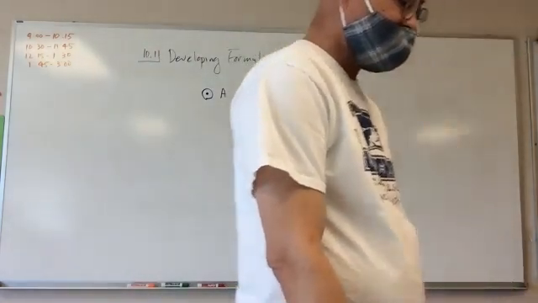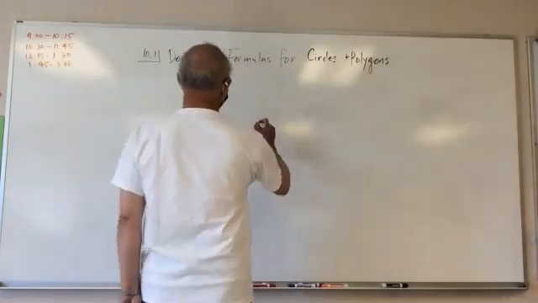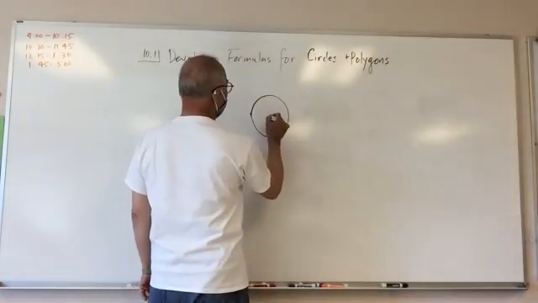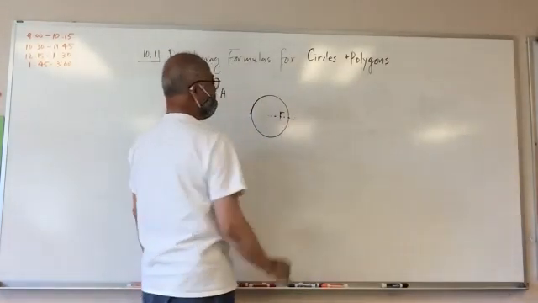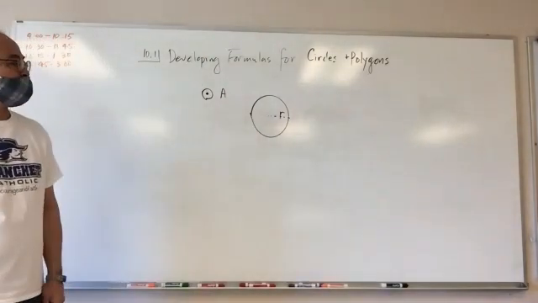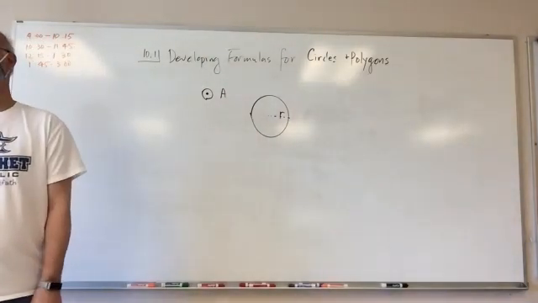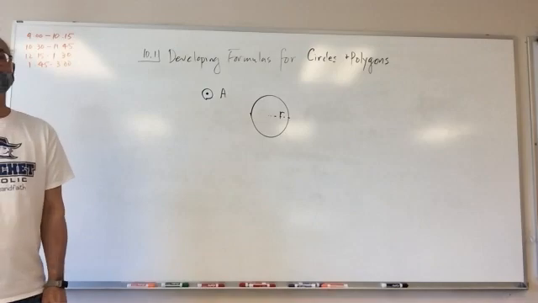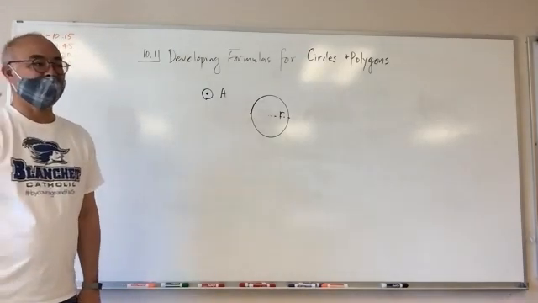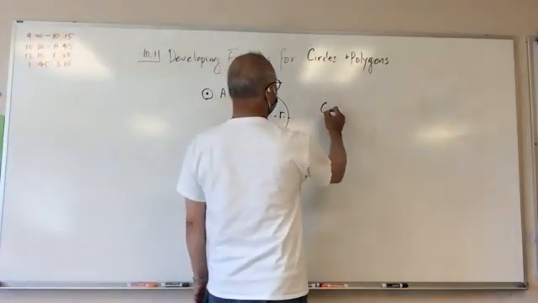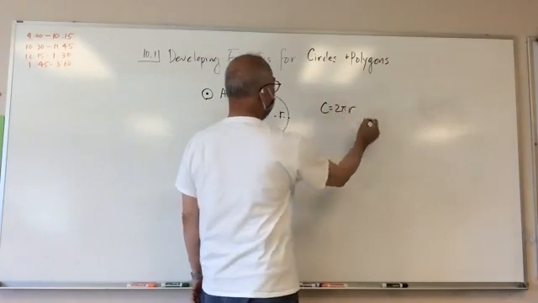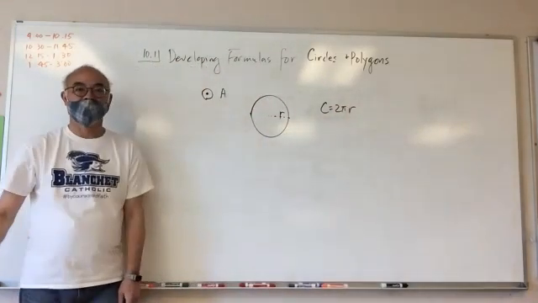So if I have a circle with a radius of R, the radius is R, and we're talking about the circumference. What's the circumference? The circumference is equal to 2 pi R. Okay.